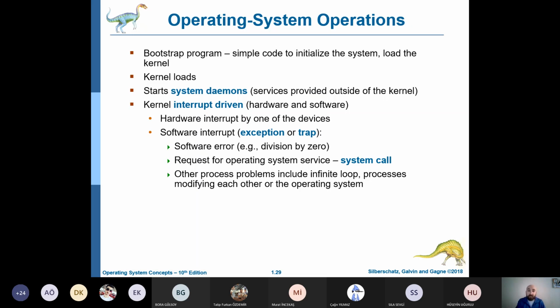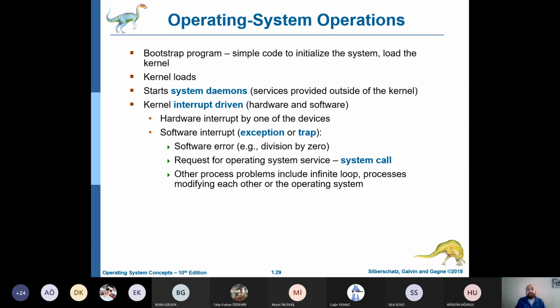They are not part of the kernel, but still these system programs serve users for some specific jobs. So for that reason, they have to be loaded to main memory with the kernel, and they become system daemons. Basically, they are services provided outside of the kernel by system programs, but still they can be considered part of our operating systems.